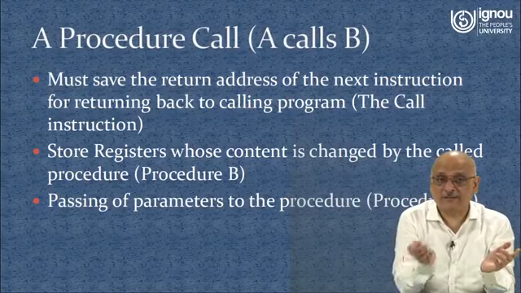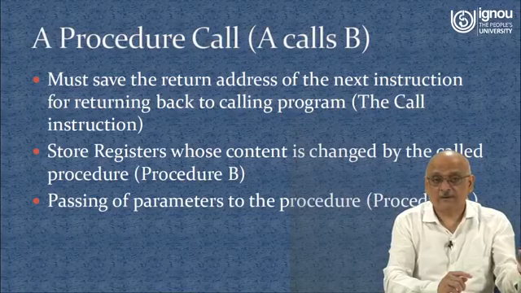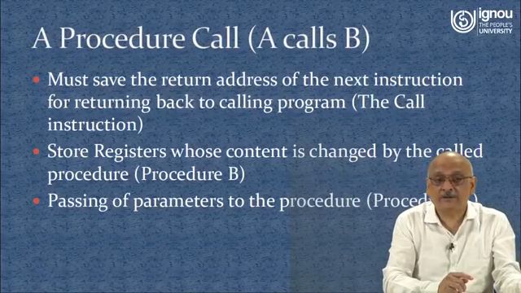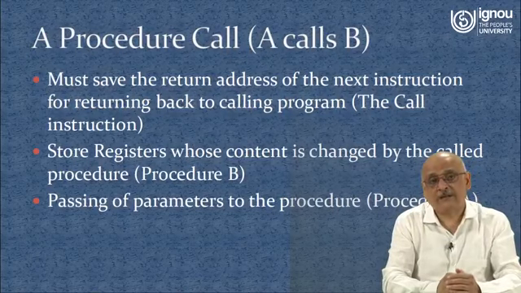Because when procedure B returns to procedure A, all the initial values of those registers should be maintained. Procedure A has its own set of values in those registers, and if changed, they may cause erroneous execution of the program. Okay, so we'll see this when we take up an example.